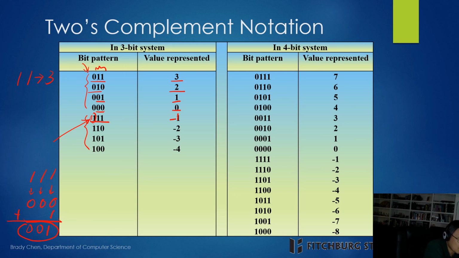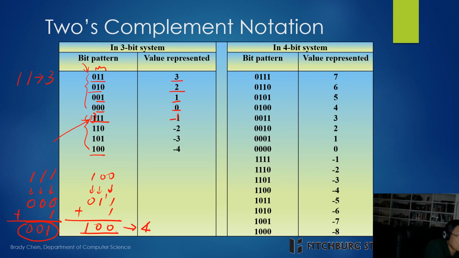You can do the same conversion for the other numbers. Like 100. So for 100 you invert to its complement, 0 1 1, and then plus 1, right? So it's 1 plus 1 is 0, carry 1, and you get 100, which is actually 4.